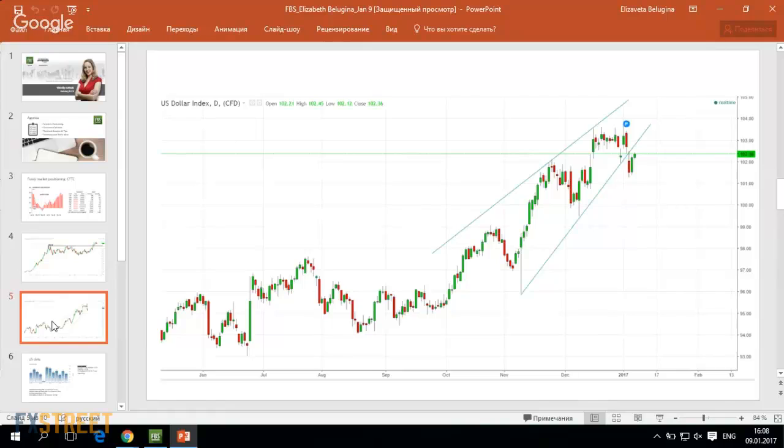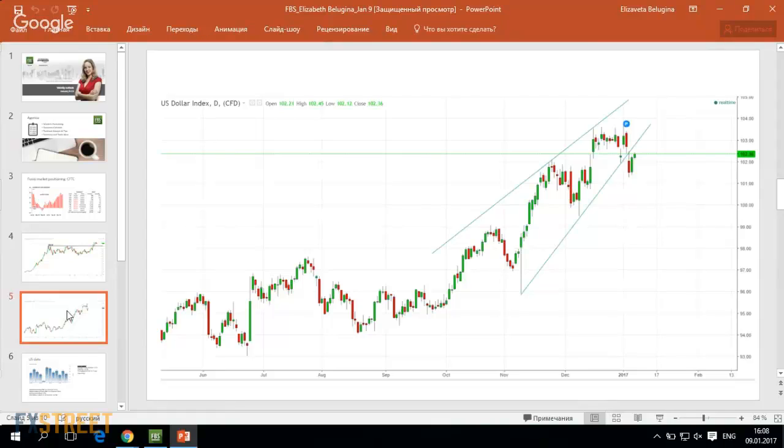We know that the picture for these different currency pairs may be different, and if we have a look at the US dollar index chart, we can form a bigger judgment on the US dollar, and it is a valuable source of information for our Forex decision making.